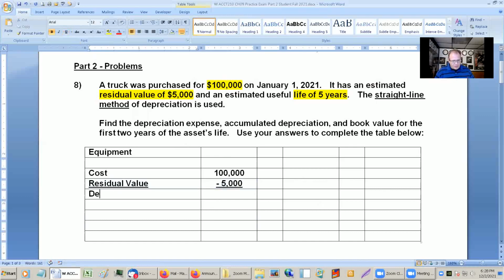So this is their depreciable amount. Basically it says this: we have an asset that costs 100,000. It's going to go down to 5,000. So it's going to depreciate by 95,000 over 5 years.